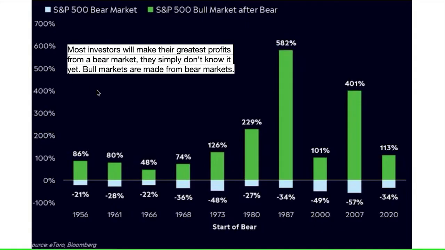Now, let's look at the past, going back to 1956. Most investors will make their greatest profits from a bear market. They simply don't know it yet. Bull markets are made from bear markets. So in other words, you have a bear market, then you have a bull market. You have a bear market, then you have a bull market. Now, is this time different? Well, we'll see.